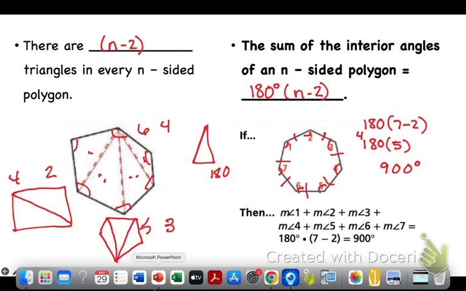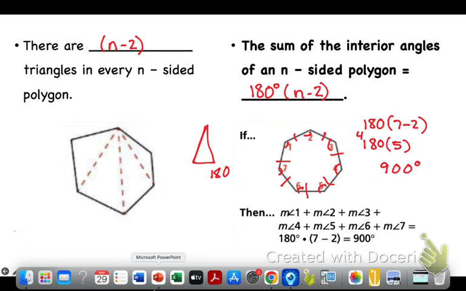So over here, the first one, it was 6-sided, yes? Yeah. Okay. So I have 180 times 6 minus 2. So 180 times 4. So 0, 2, 3, 720.